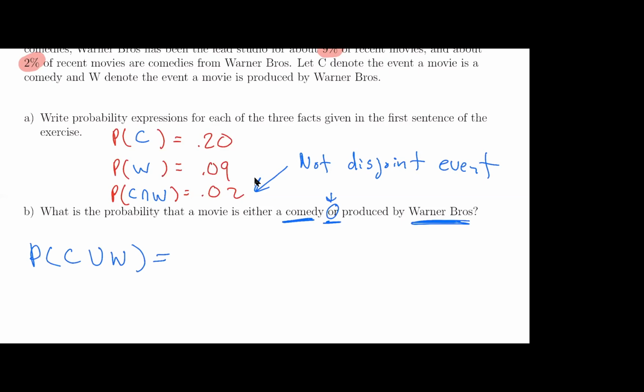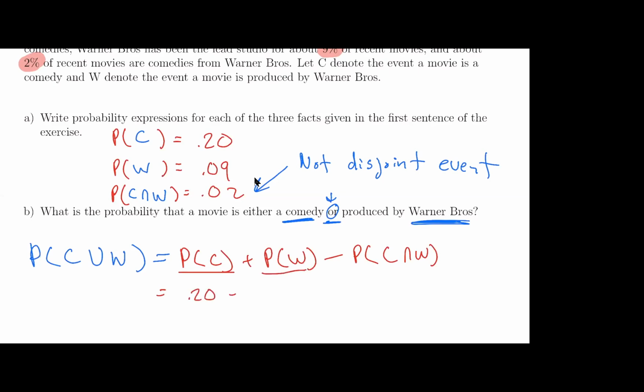All right, so let's go ahead and find that probability. You have to find the probability it's a comedy, add to this the probability it was produced by Warner Brothers, and subtract the probability it's a comedy and produced by Warner Brothers. So for the probability of comedy, you put 0.20.